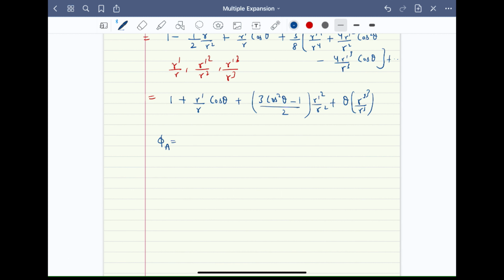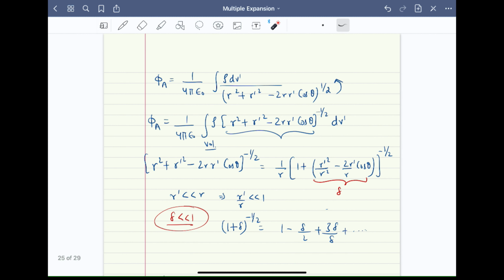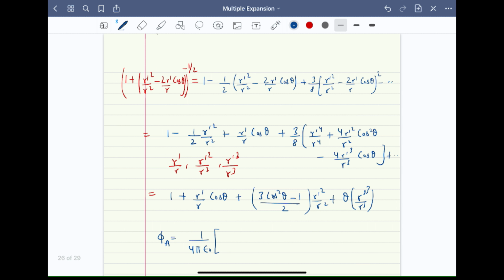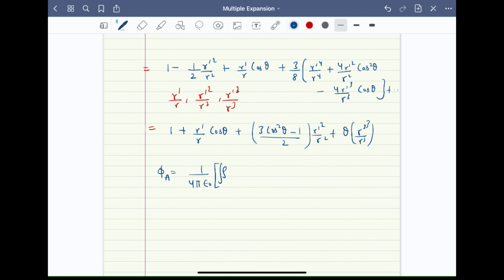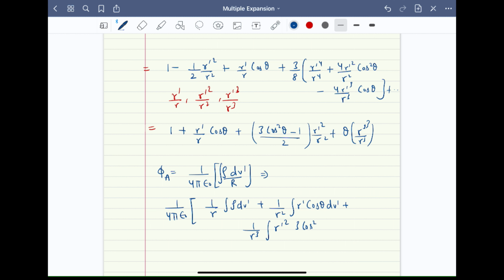Phi a is equal to 1 upon 4 pi epsilon naught, and this was our thing, rho, which is under integration dv prime upon r, and this is equal to 1 upon 4 pi epsilon naught, 1 upon r integration rho dv prime plus 1 upon r square r prime cosine theta dv prime into rho plus so on.